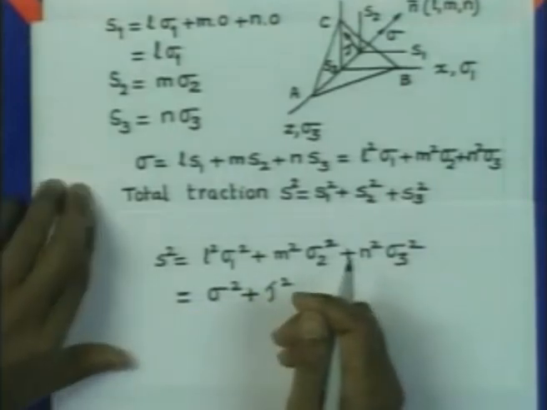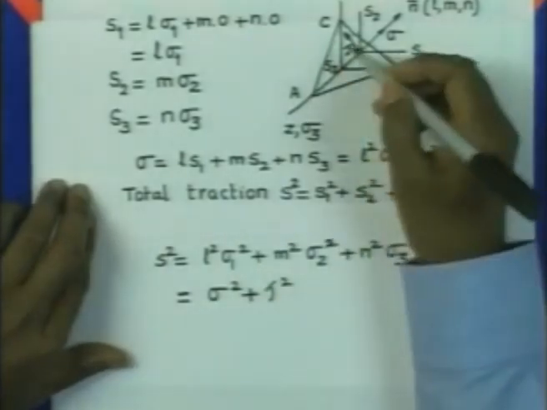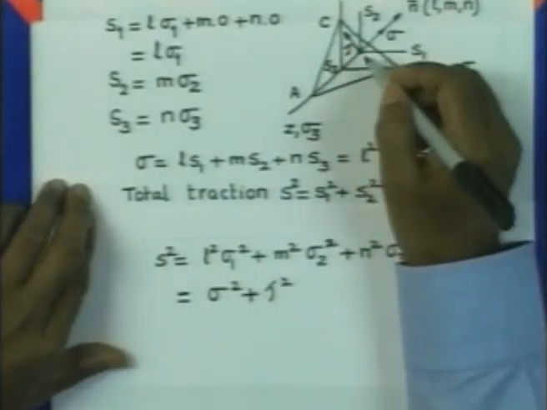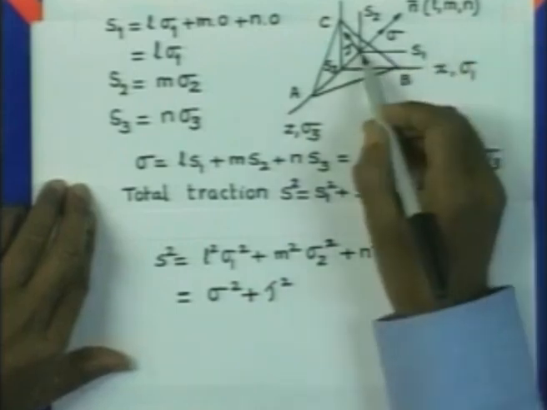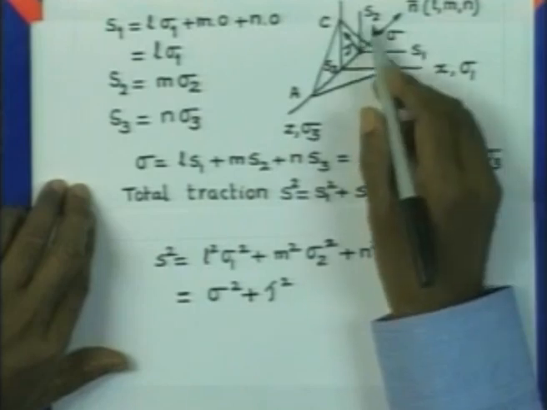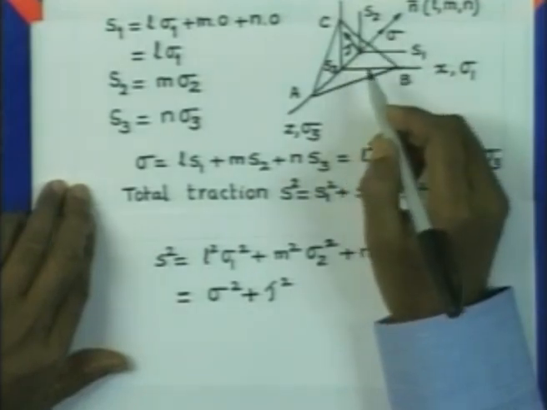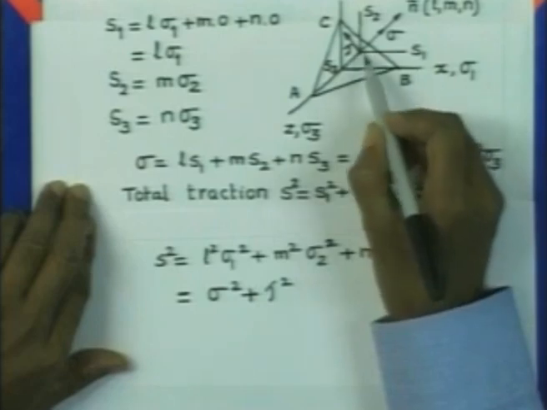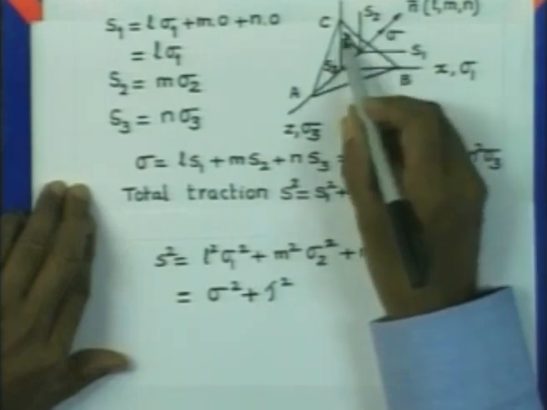Note that it is possible to add vectorially because we are considering the same plane, and on this plane the tractions are acting in the 3 directions of magnitude S1, S2 and S3, and at the same time we have alternatively the stresses sigma and tau.